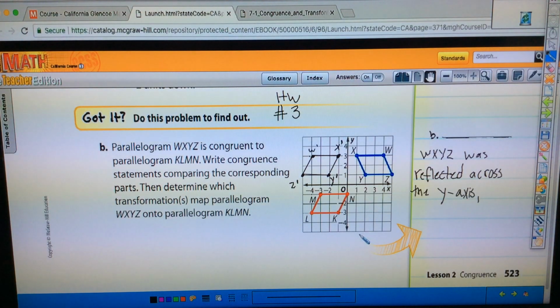Okay, and then it was translated. So if I move x 1 unit to the right and 1, 2, 3, 4 units down, I'm going to land on n.